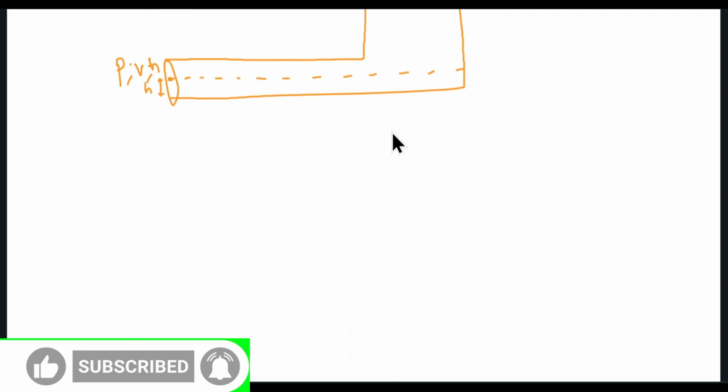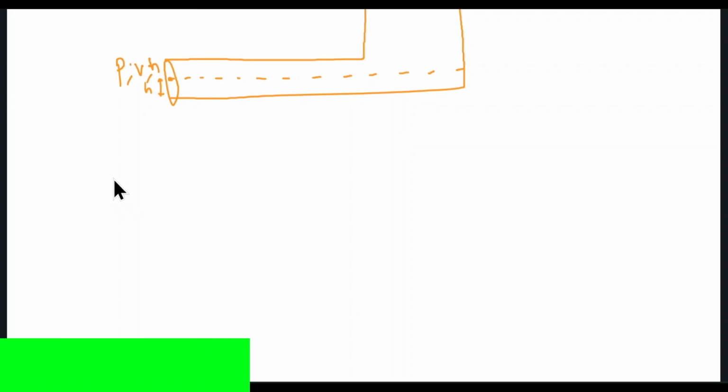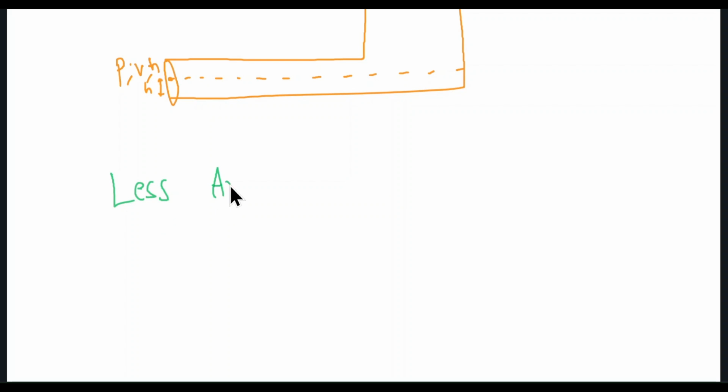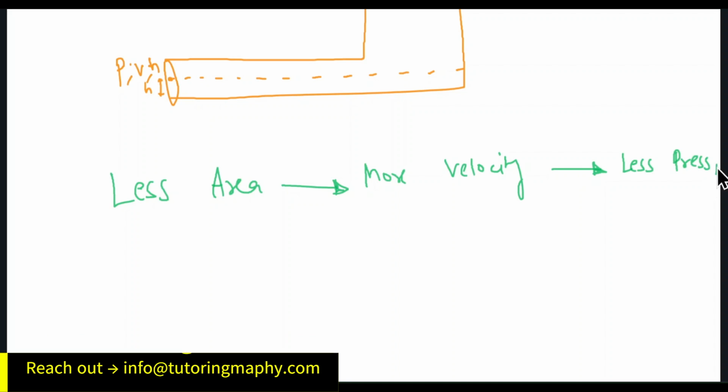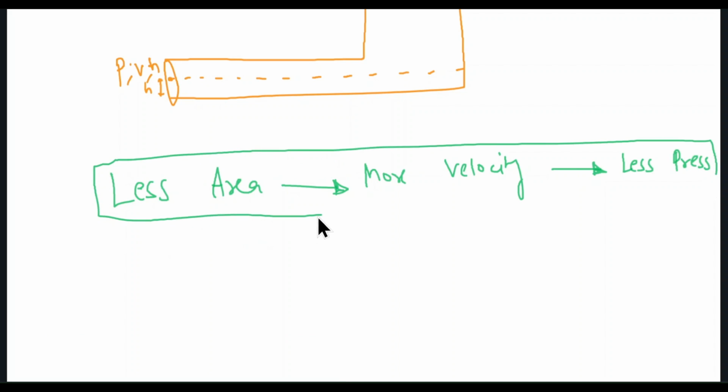And one last statement that is very helpful: if you have less area, this implies you have more velocity. And if you have more velocity, I'm talking about fluid mechanics here, you have less pressure. This is very important. Sometimes there is a direct question from this information.